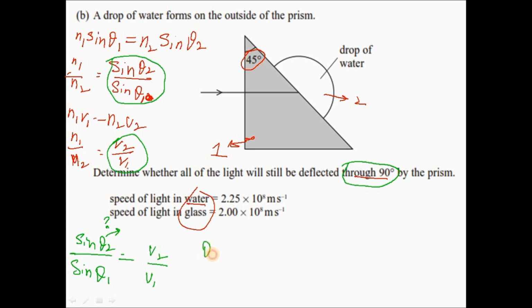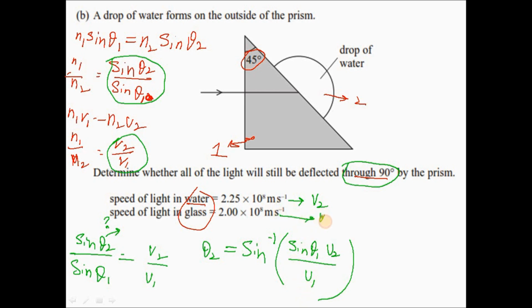Theta 2 is sine inverse of sine theta 1 times v2 over v1. So v2 is the speed in medium 2, and v1 is the speed in medium 1.